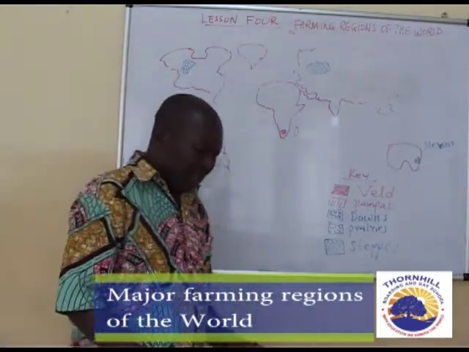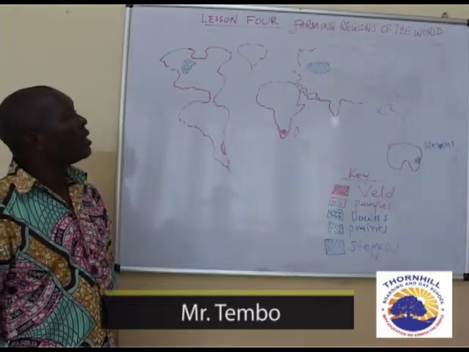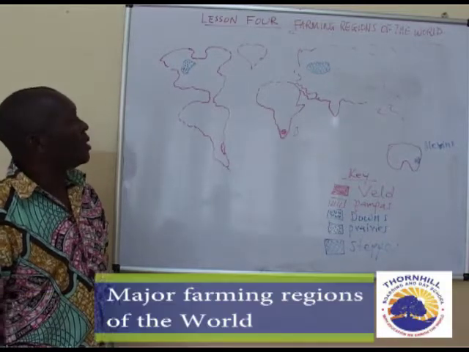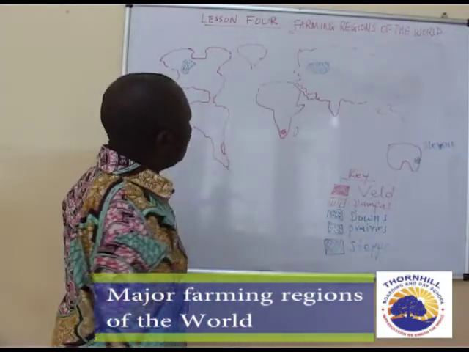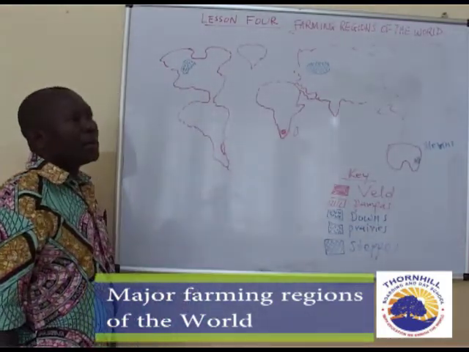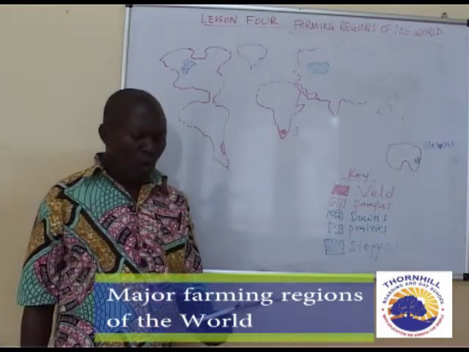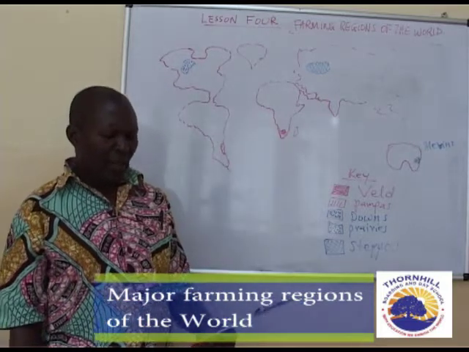On the steppes, they keep a lot of livestock, and the soil is very fertile for growing crops like wheat. These animals provide them with a lot of milk and other dairy products.